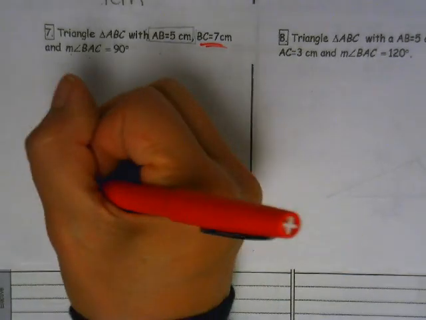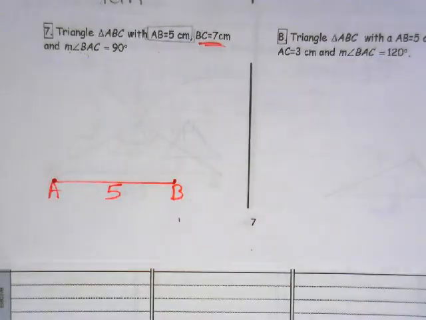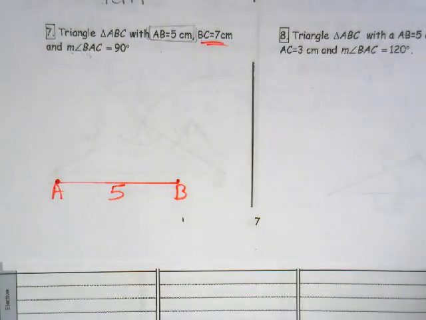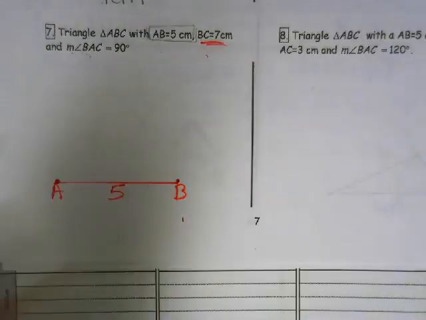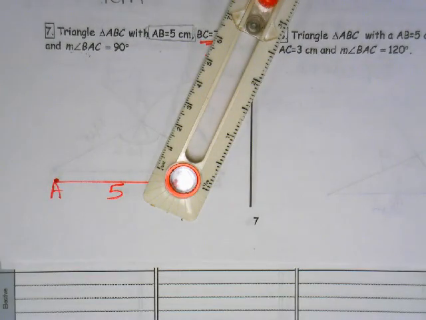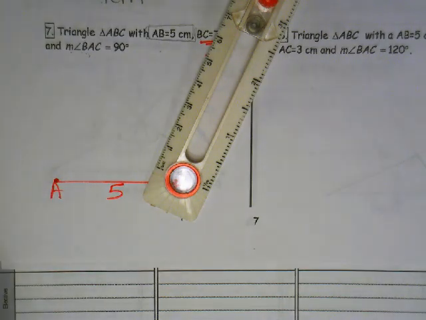Dot A or dot B? B. Because to get BC, I need to go off of the B dot. So I need to go off of this one. It's so huge. To go to the other page. Okay.